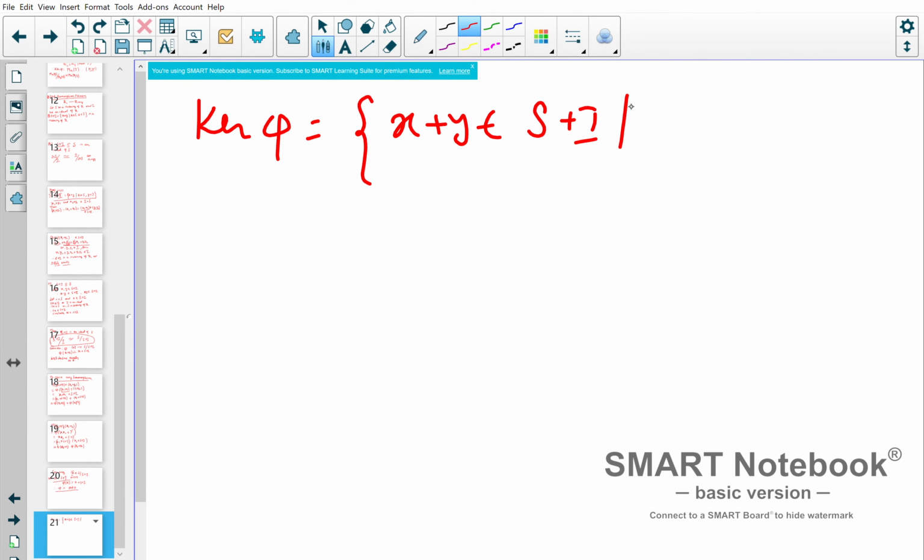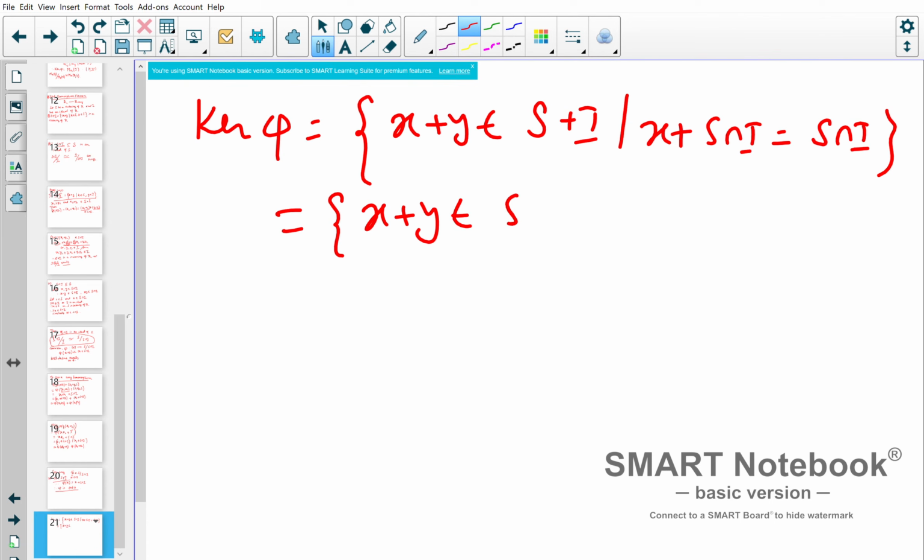So what is the image of this? Image means x plus S ∩ I is the identity, right? But what does that mean? That means for all the elements of S plus I, this property tells you that x is an element of S ∩ I.